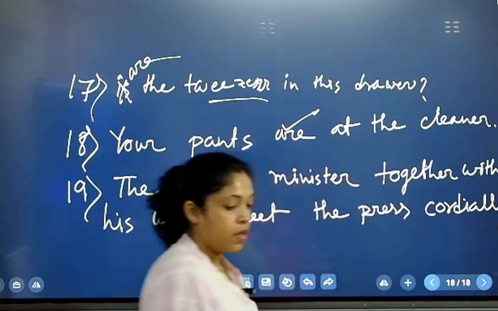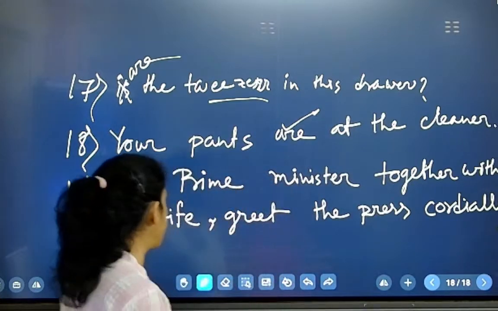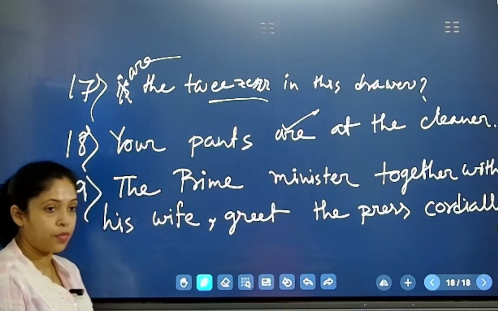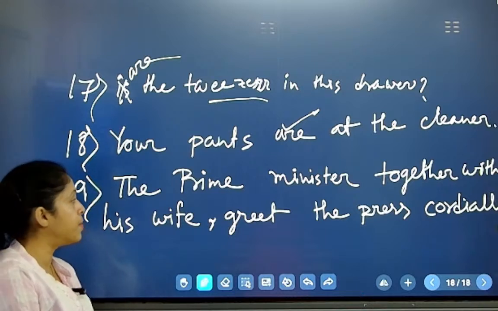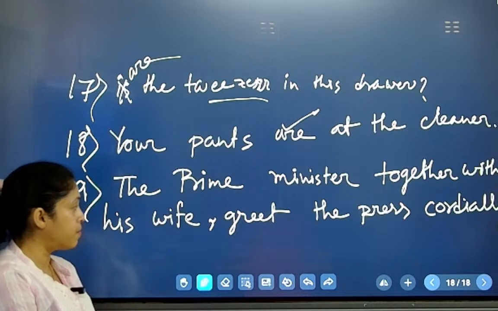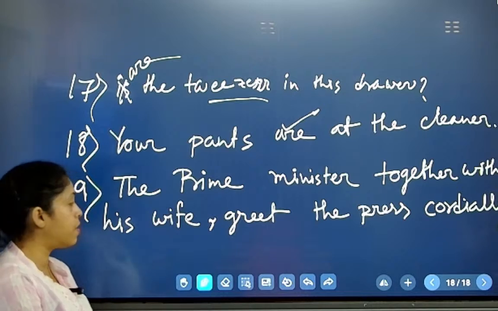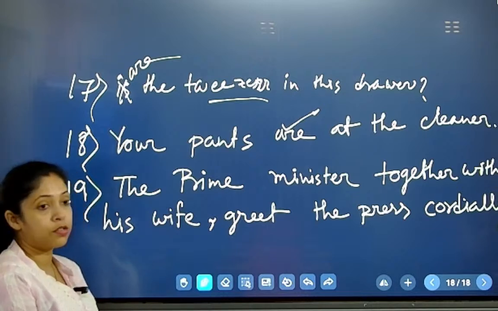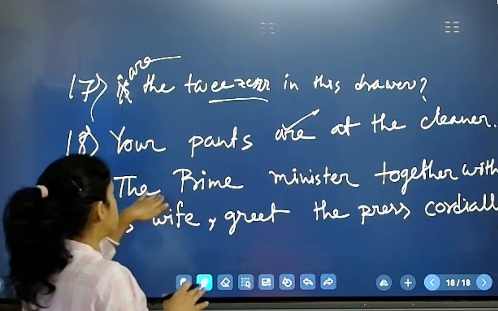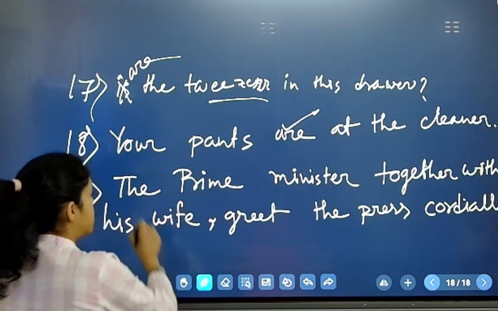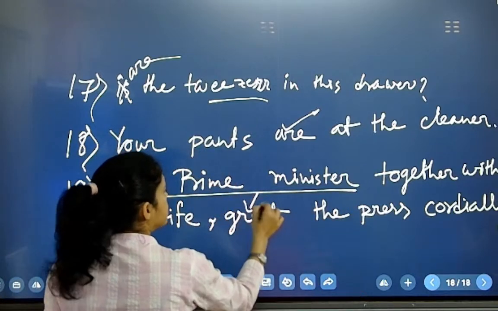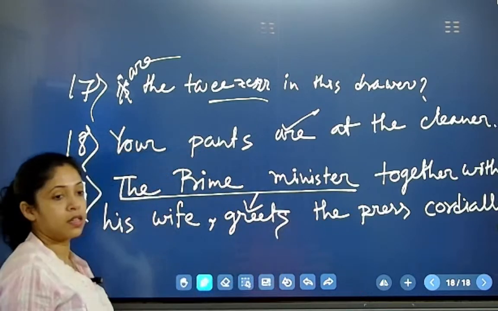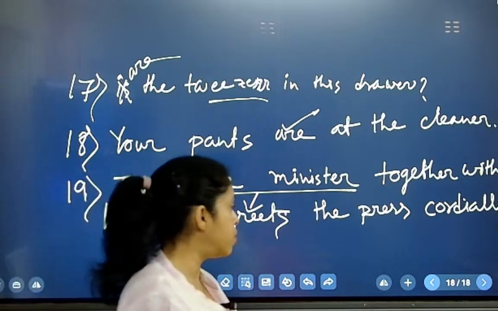Achha. Here you see again the same thing, the Prime Minister together with his wife. Together with his wife is not coming under the subject position, so the verb we shall use is not affected by it. The Prime Minister is the main subject here, so it will be "greets the press cordially."